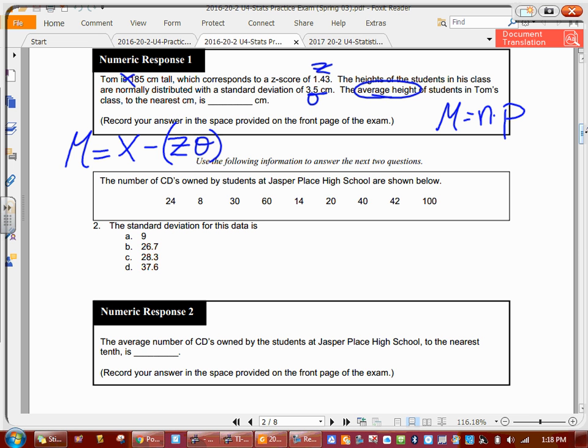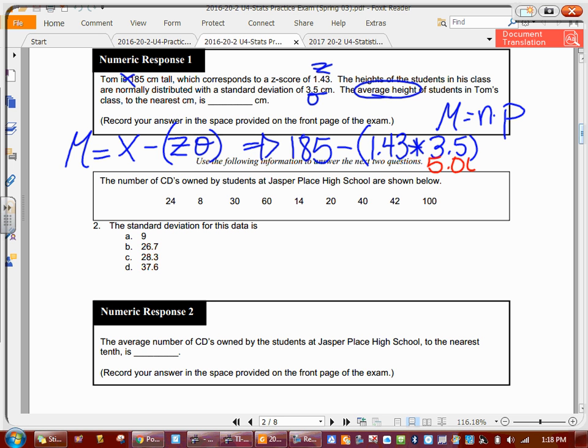Okay? So we're going to plug the numbers in where they go. X is 185, minus the Z-score, 1.43, times 3.5. Now, it's in brackets on purpose because you must multiply, doing BEDMAS, before you subtract. So we're going to multiply those first. And how big do we get when we multiply those? 5.005.